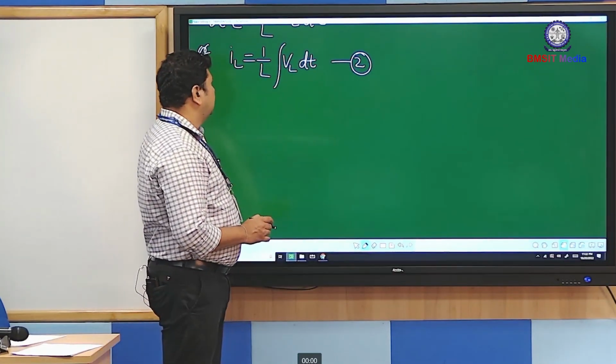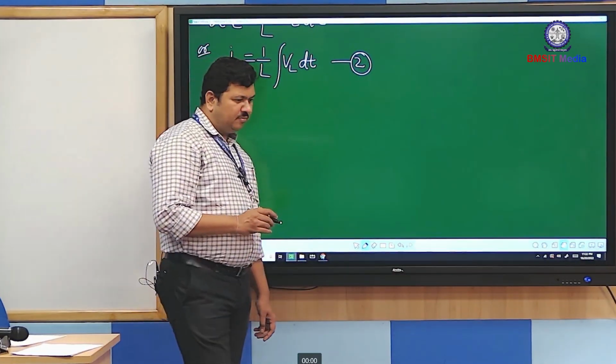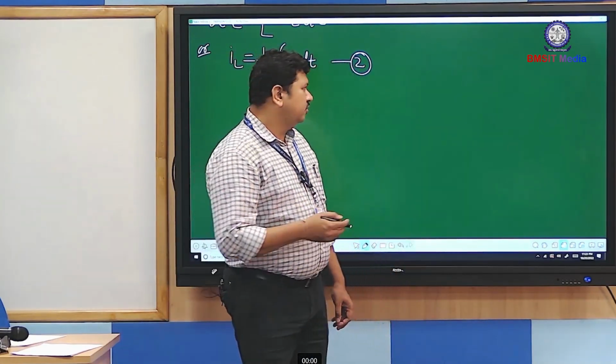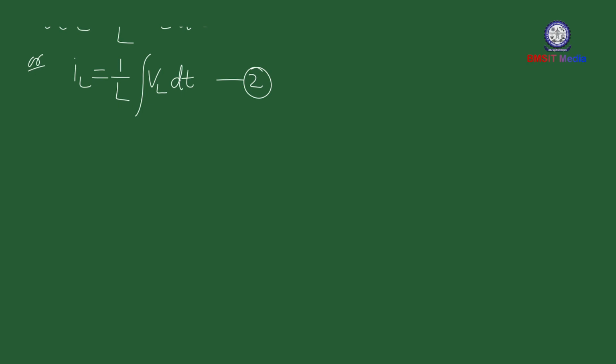Now here, the limits of integration can be taken over a period of time. What is that period of time? Whatever the circuit I have considered here, I will redraw it. I have VL here, this is L, this is IL, and the switch is assumed to be closing at t equals 0.